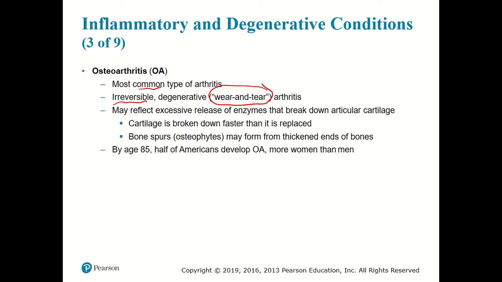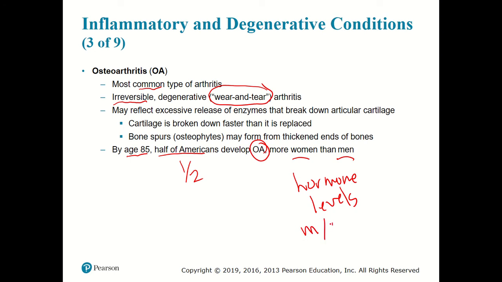So just a quick statistic here: by 85, one half of Americans develop osteoarthritis. It's more common in women than men, and this really has to do with different hormone levels between male and female.